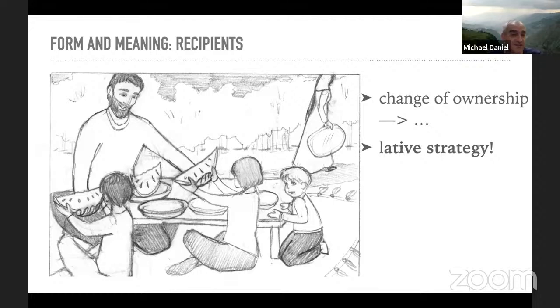I didn't expect this to be used, because food is very typically the type of object being given, which does not combine well with the lative strategy.